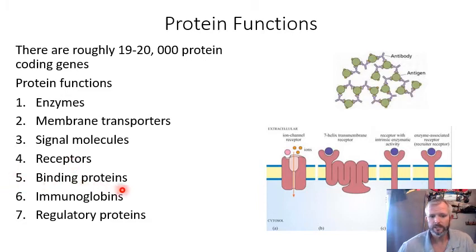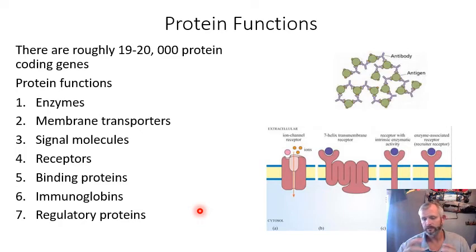Okay, binding proteins, usually on the surface of the cell, help the cells move around and stay tethered or bound. Immunoglobulins, the ones that we've been talking about in the news, those would be antibodies. They are proteins that are made. And then also regulatory proteins. Okay, so you can see these proteins are important because they allow the cell to do lots of different things, allow them to serve their function.